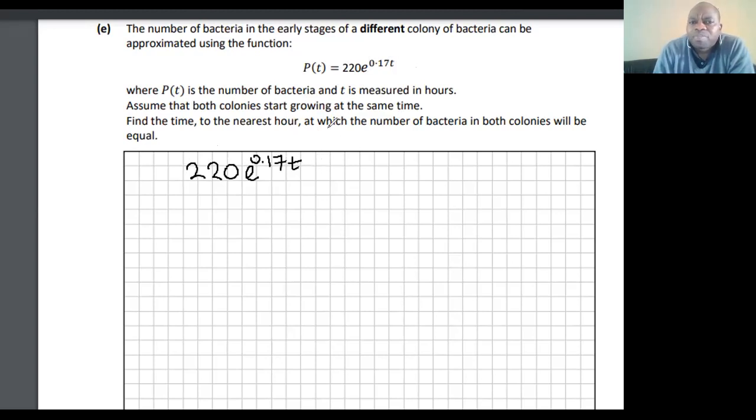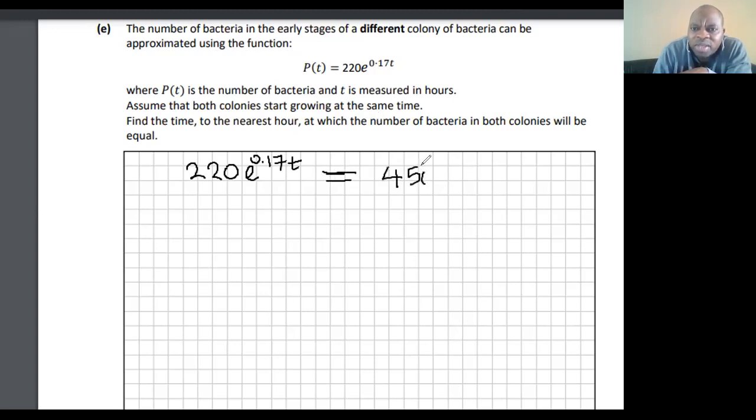They now said that assuming both colonies start growing at the same time, that means with the previous colony, the two of them started growing at the same time. Find the time to the nearest hour at which the number of bacteria in both colonies will be equal.